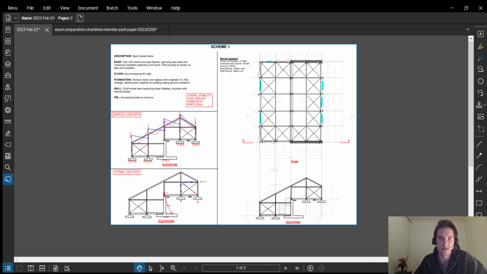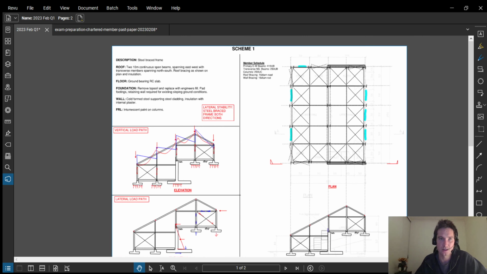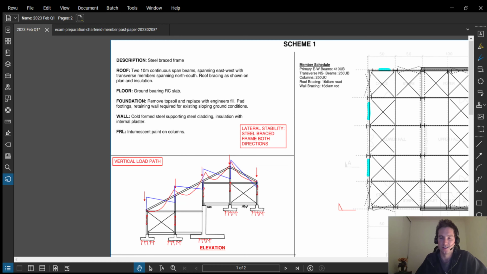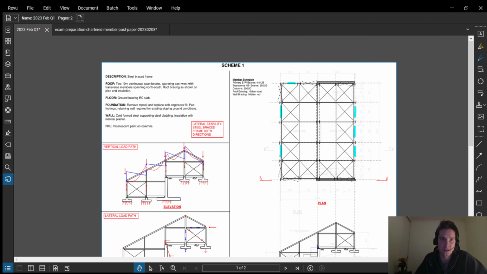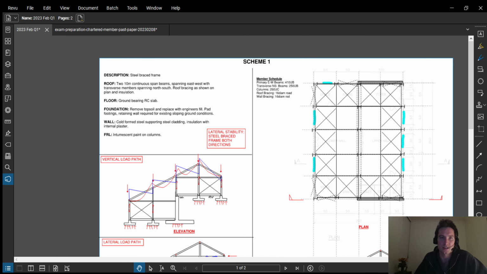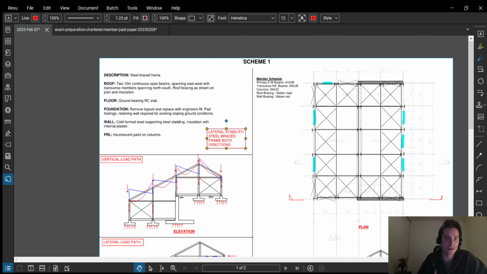So this is how I plan to lay out each of my schemes. On the left hand side, I've got some brief descriptions, and I talk about some of the critical stuff. The description is literally 1 sentence on what the structural system is, and then I talk a bit more about the roof, floor, foundation, wall, and fire resistance. I treat this as an opportunity to discuss key critical elements of my building, with what I've got in the red box here being, in my opinion, the most critical, because that's talking about the stability of my building.